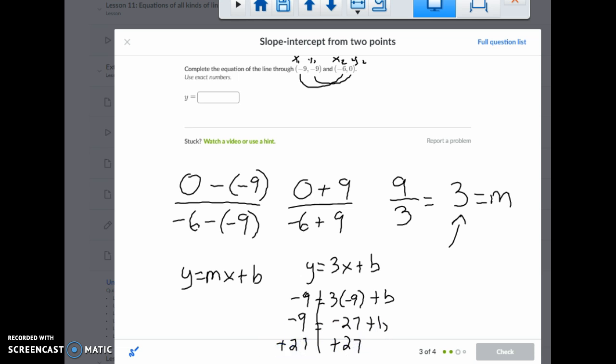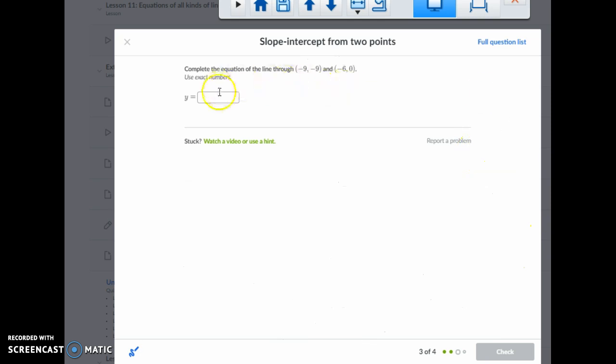And negative 9 plus 27 is going to be 18, and that's going to give me b. So remember, b and m are constants, x and y are your variables. So now you just plug in the equation. So it's going to be y equals 3x plus 18, because that was our b.